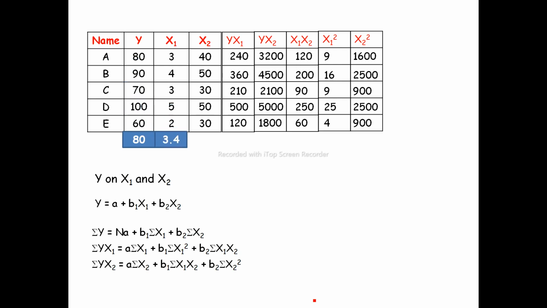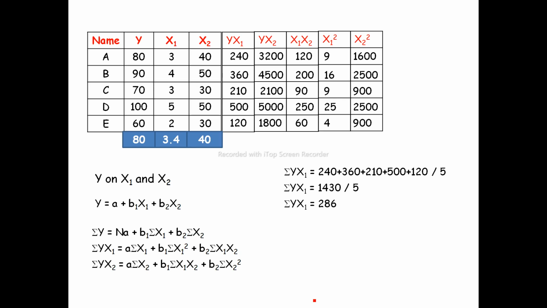Similarly, summation of x2, add all the values: 40 plus 50 plus 30 plus 50 plus 30 divided by 5, and we got the value 40. Next, summation of y into x1, 286.